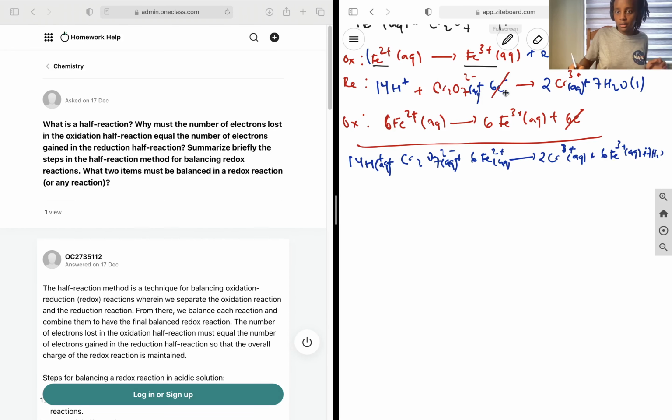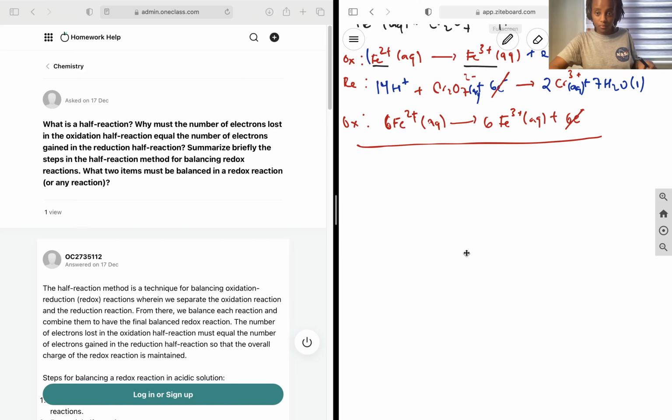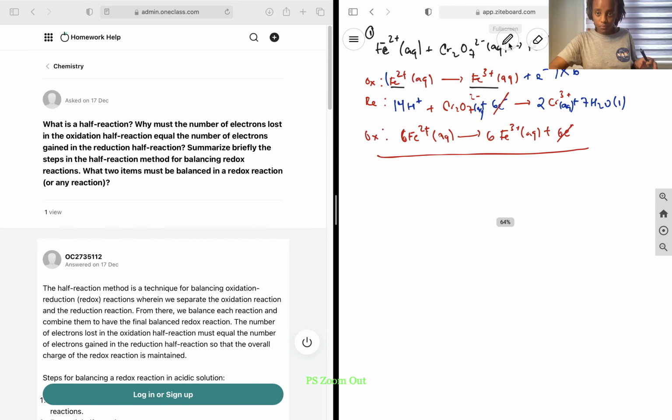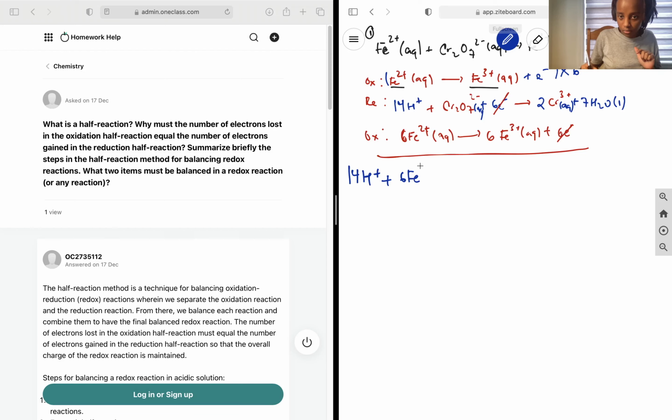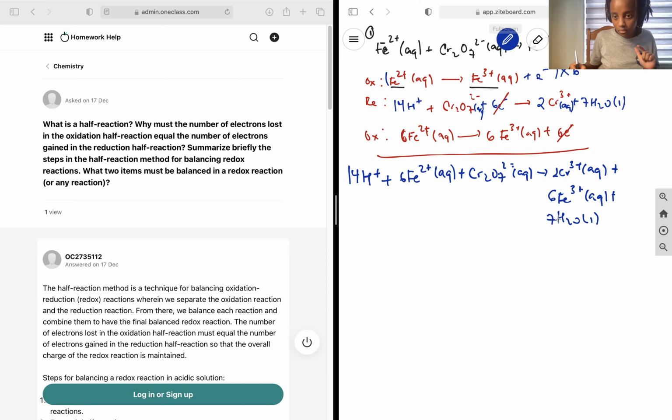Sorry, let me just rewrite that so that it's a bit clearer for you. Okay, and this is our final balanced redox reaction.